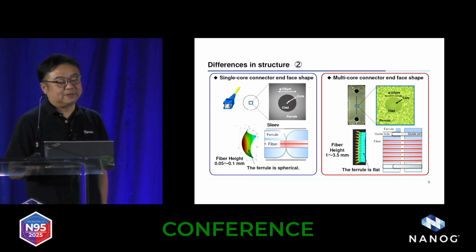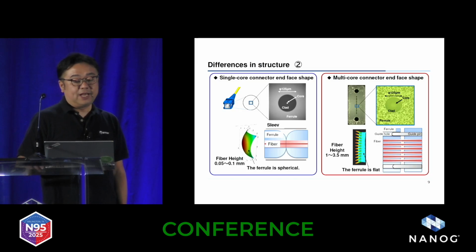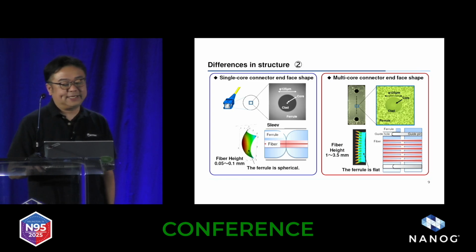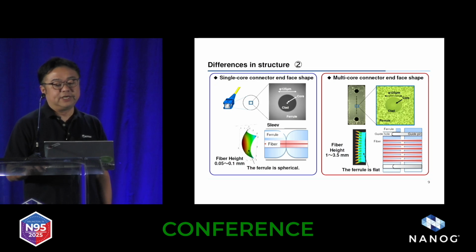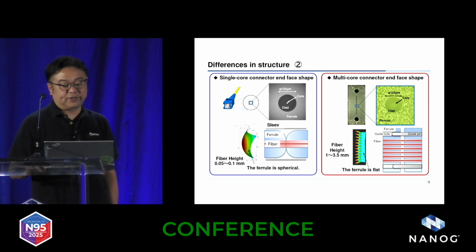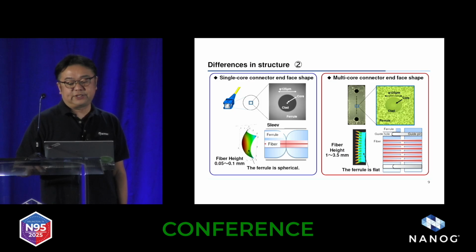The slide compares the fiber end face and its shape. The photo clearly shows that the ferrules are different. By the way, the various size lumps around the fibers in the multi-fiber connectors are glass filler mixed into the plastic to increase its strength.